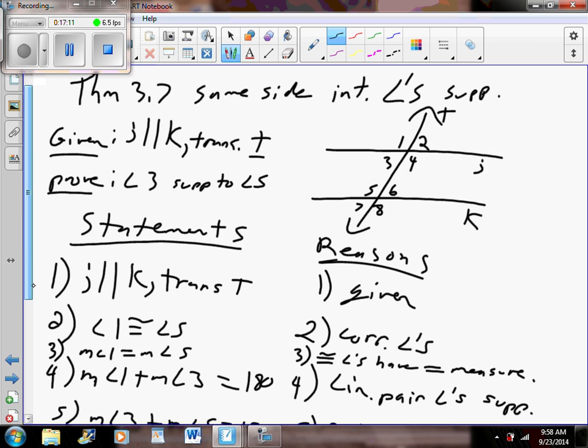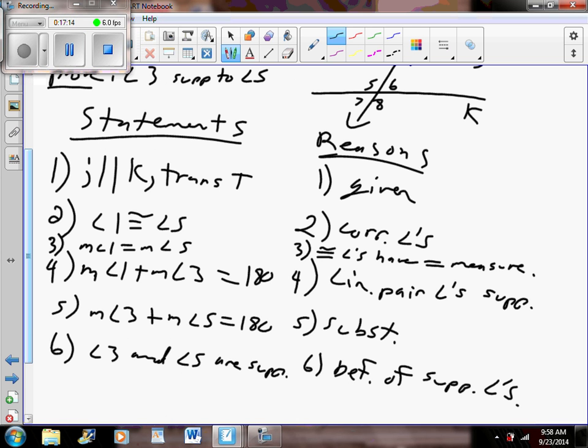We know that because of the definition of a linear pair of angles, or supplementary. You can just say definition of a linear pair of angles. Now, measure of angle 3 plus the measure of angle 5 is 180 by substitution. And angles 3 and 5 are now supplementary, by definition of supplementary angles, equal to 180. So that is the meticulous minutia that we would go through.